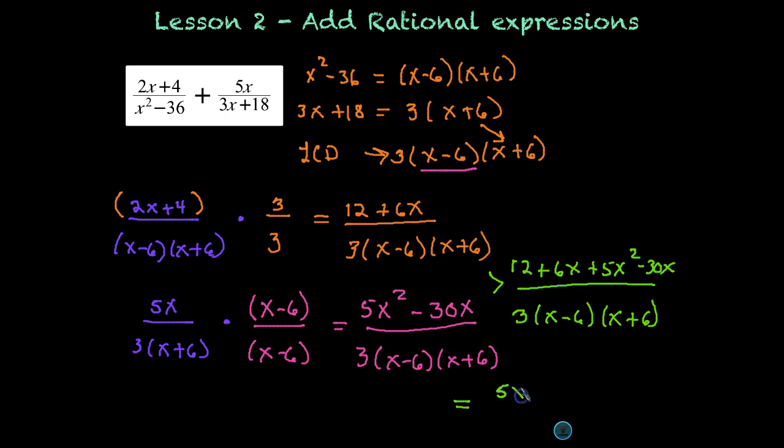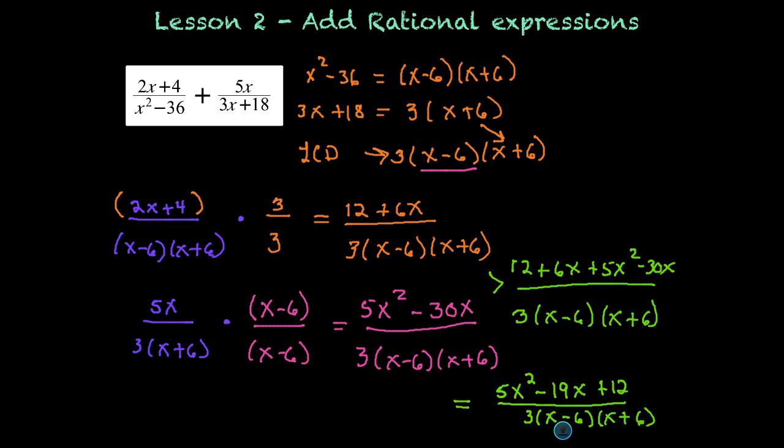So we'll write that first. I'm writing these in order from highest degree to lowest. Then we have a 6x plus 5x, which is 11x, minus 30x, which is negative 19x. And then we have a positive 12 here on the end. And then we can write that over our lowest common denominator of 3 times x minus 6, x plus 6.